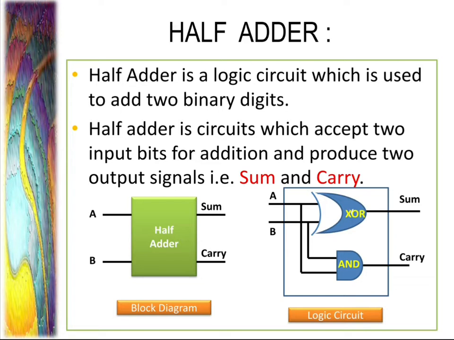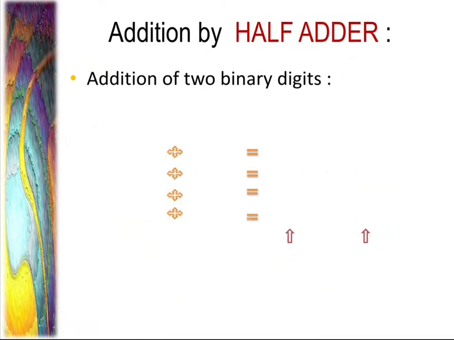The green color box contains two things, that is XOR and AND gate. XOR always provides you the sum, and AND always provides you the carry. But how does it happen? Why are we using XOR only for sum, and AND only for carry? Why are we not using any other gates? I want to tell you with the help of the truth table.